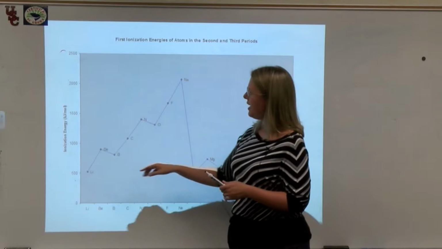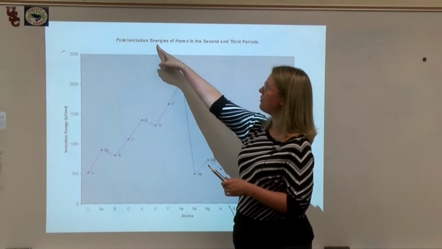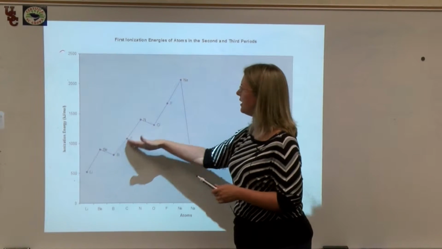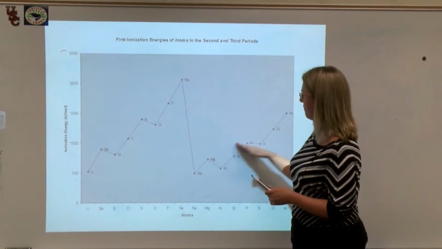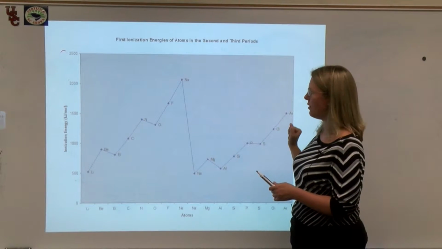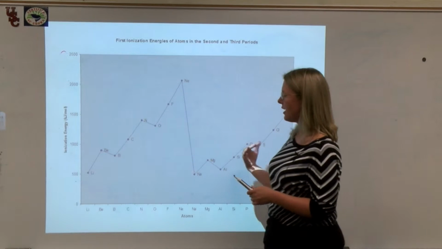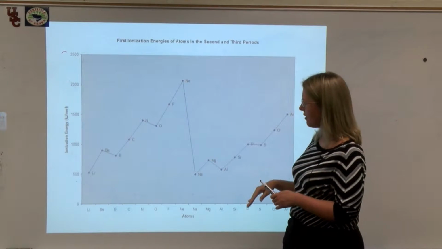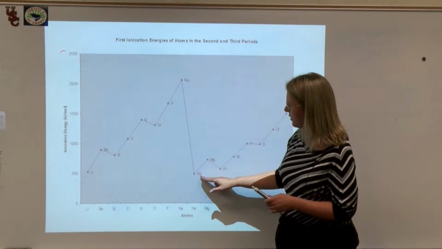And so you can see as you go across the row, ionization energy, which is what this graph is showing, is going to increase as you go right across the row. And it works for both rows, second row, third row, okay? And then we can also use this graph to look at our columns. It's a little bit harder to see though. So lithium is here, sodium is here, okay?